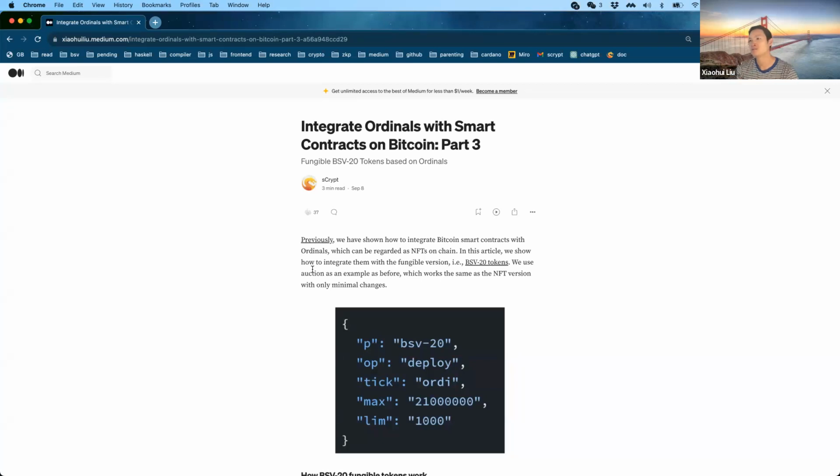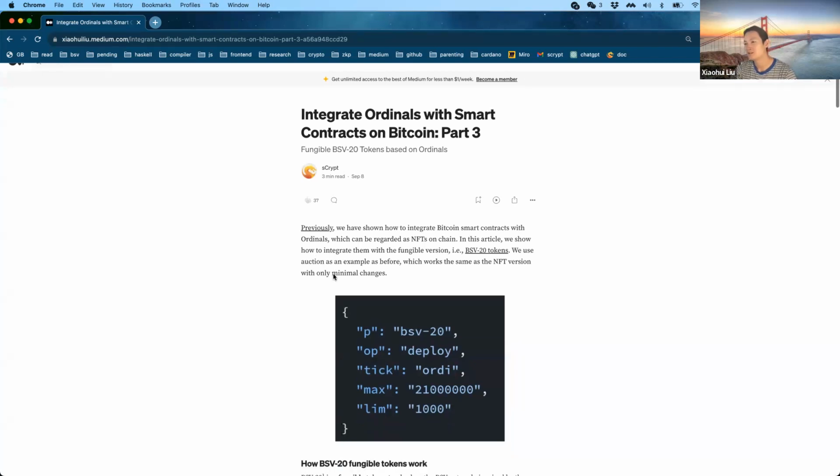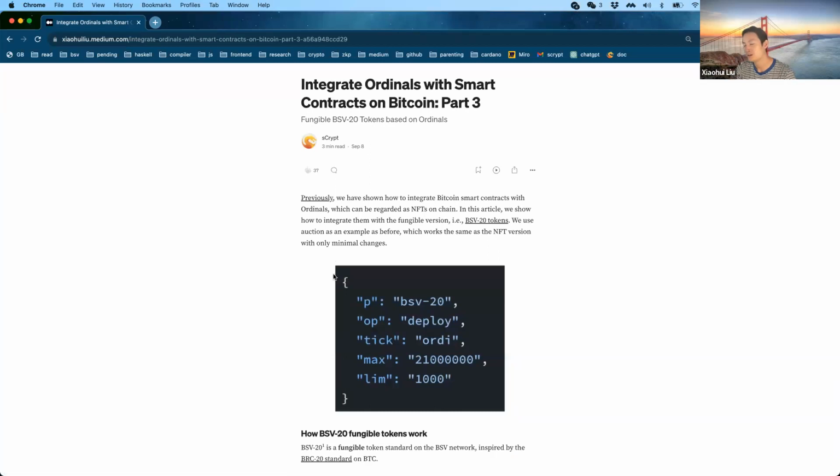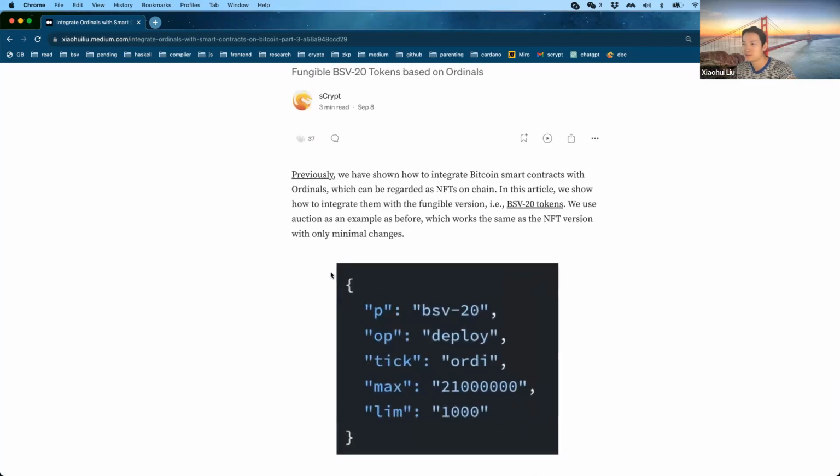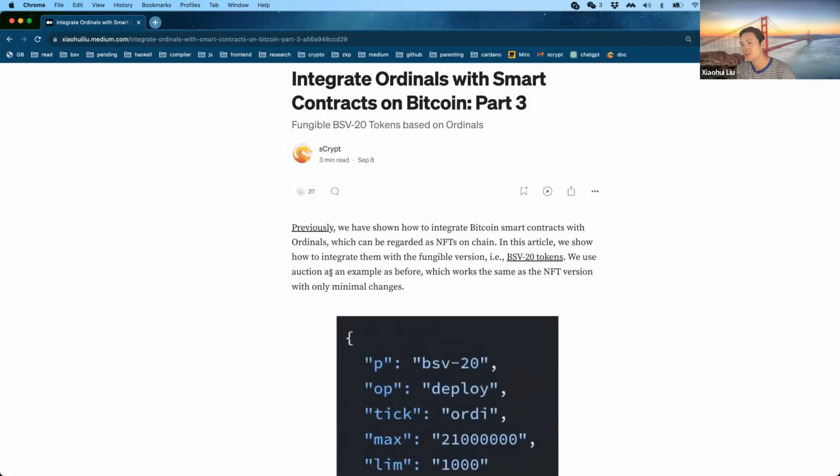But we can also use ordinals to do fungible tokens. How many have heard about this? You don't have to know how it works. Okay, Yusuf, you heard about this? Yes.